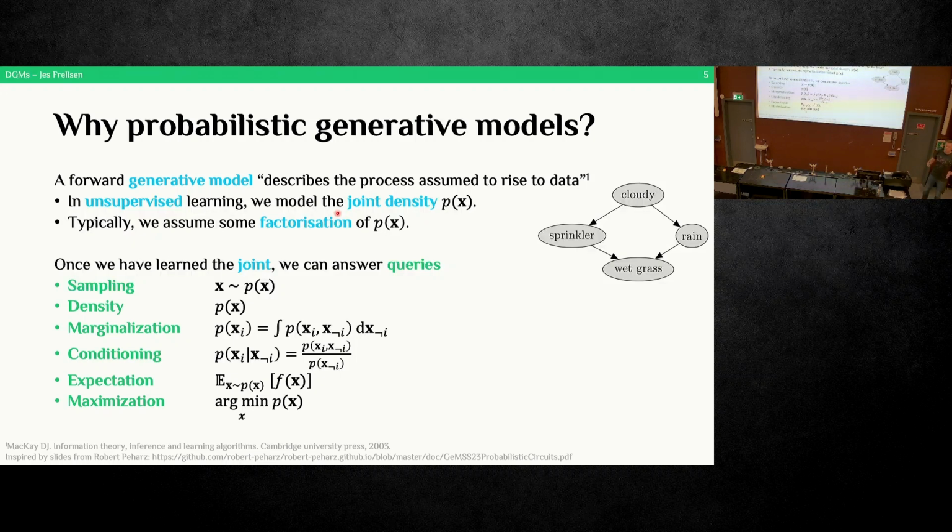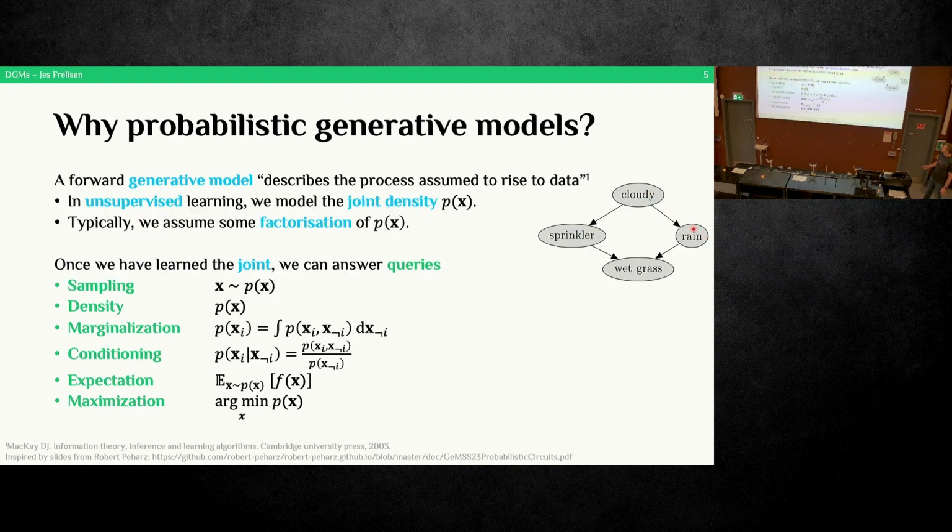And typically we assume some factorization. If you do old school generative modeling, has anybody seen a graph like this before? Yes, so it's a typical graph. We've got some variables: whether or not it's cloudy, whether or not the sprinklers are on, whether or not it's raining, and then whether or not the grass is wet. So the idea is that these are all random variables, and whether or not it's cloudy, a binary variable, determines whether or not the sprinklers are on, or whether or not it's raining.